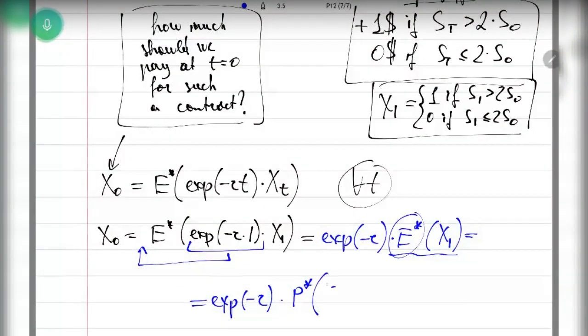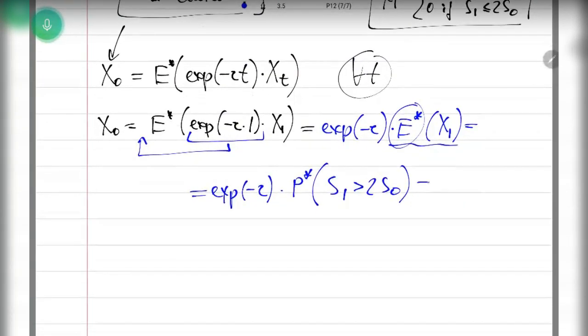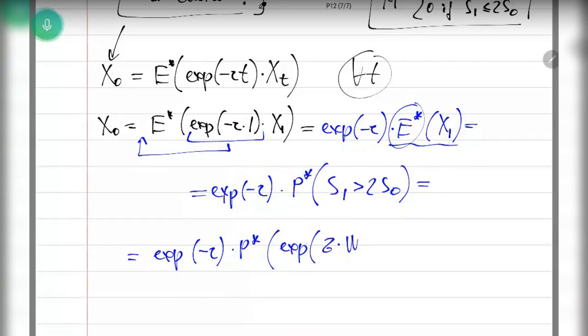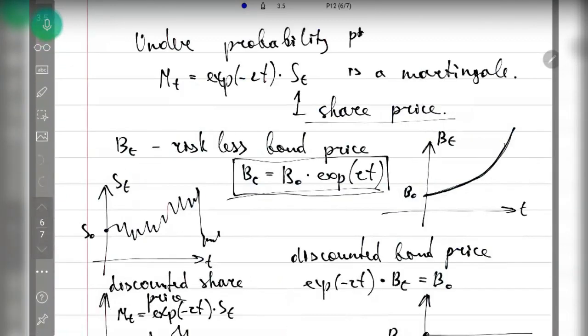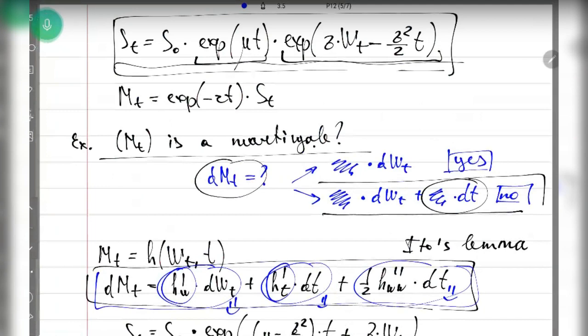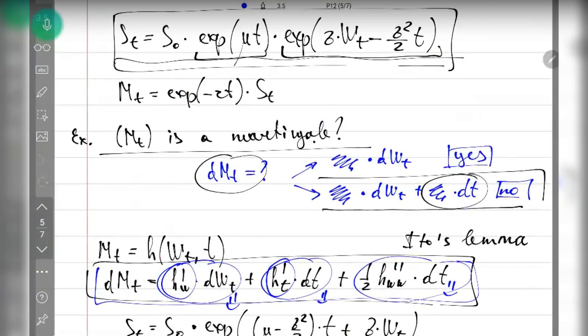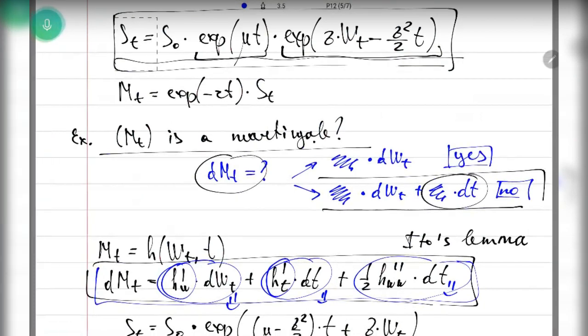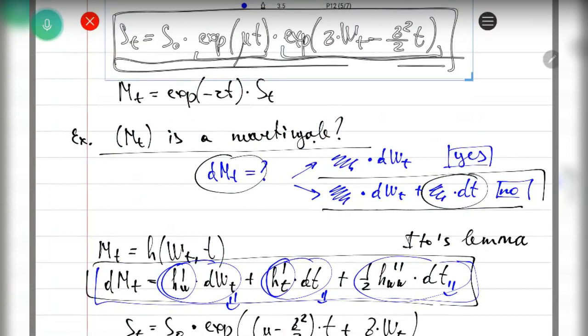Okay, but we just calculate this strange probability. Well, what's the problem? Okay, this is exponent of minus r times P star of S_1 bigger than 2 S_0. What is S_1? S_1 is exponent of what? Of sigma times W. I just copy the expression for S_1. Yeah, let's go back and see the expression. This is the expression for S_T.